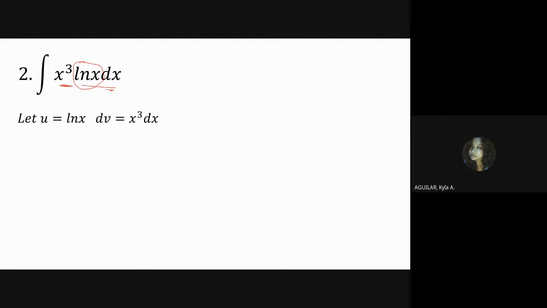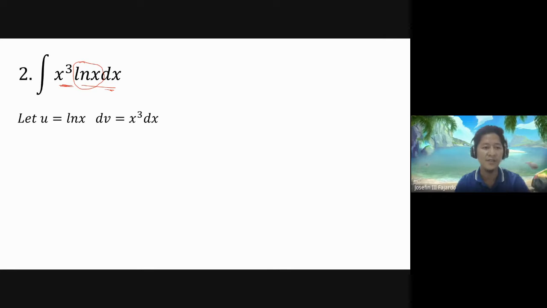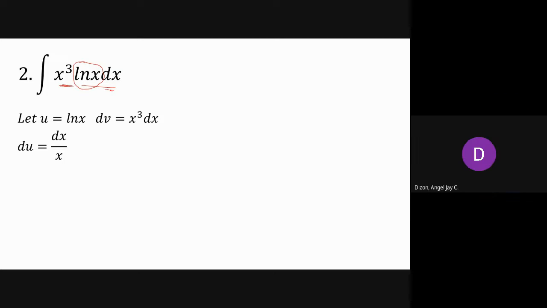Okay? And then if I try to get the derivative of u will just be du, and derivative of ln x is 1 over x dx, right? Opo, sir. And then here, if I try to integrate, integral of dv will just be v, and then the integral of x cubed dx will just be x to the 4 over 4. So I have this.